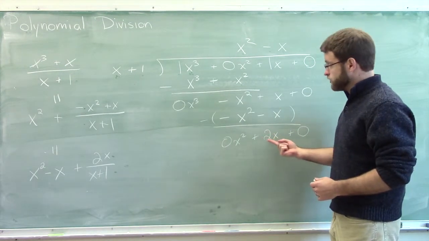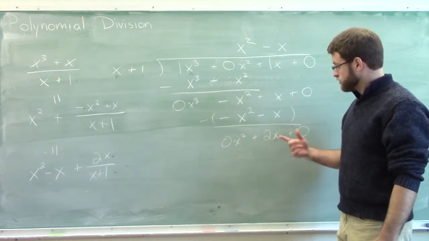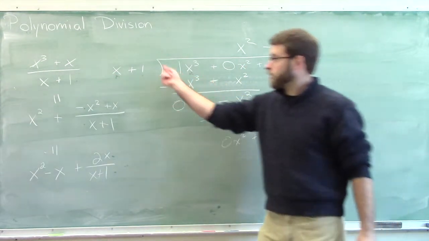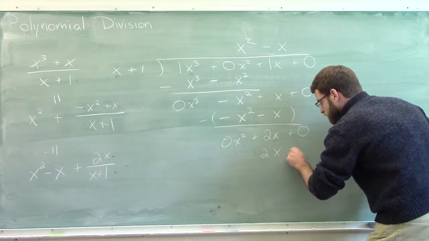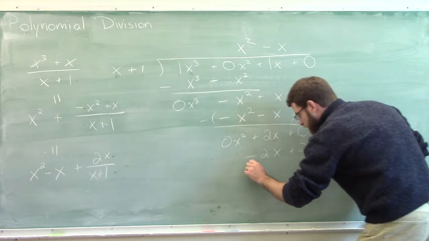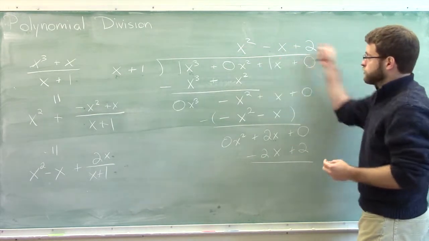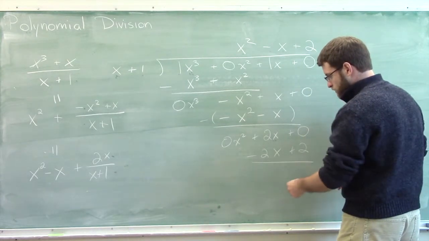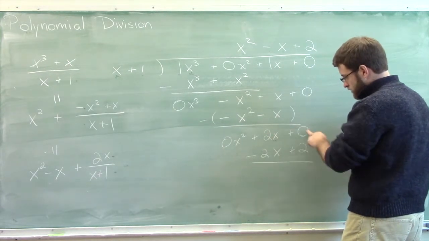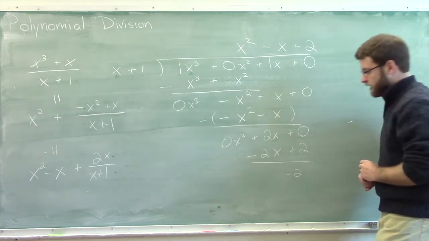Now we need to match up the x and this term 2x. So if I want to match those up, I can multiply my divisor by 2. So 2 times our divisor gives us that, and then we subtract it. We multiply by 2, so we put 2 up here above the division bar to record what we needed. And then we do our subtraction. The leading terms cancel. 0 minus 2 gives me negative 2.